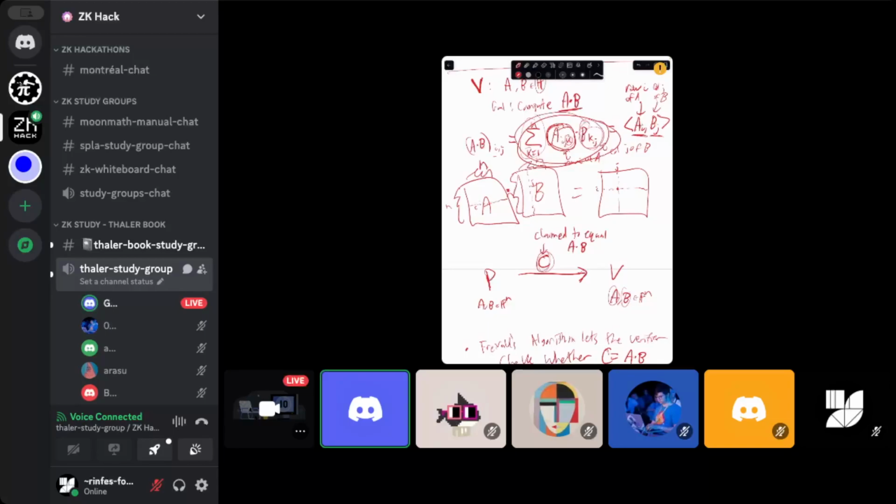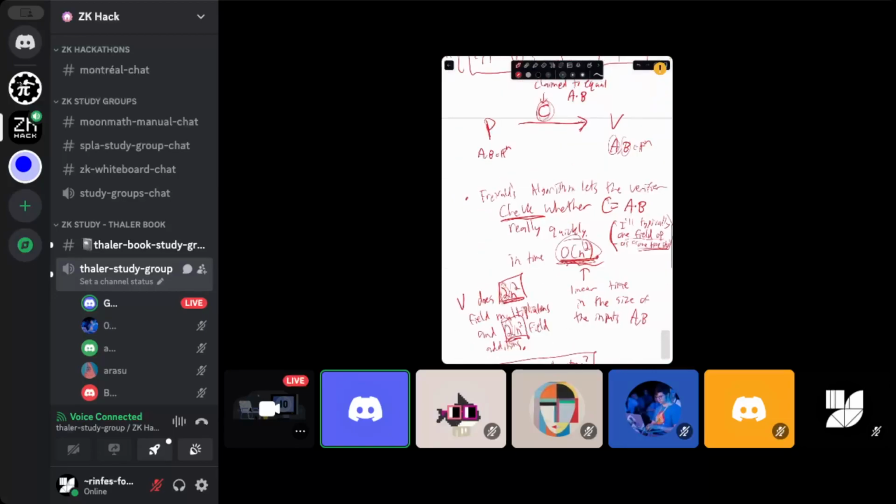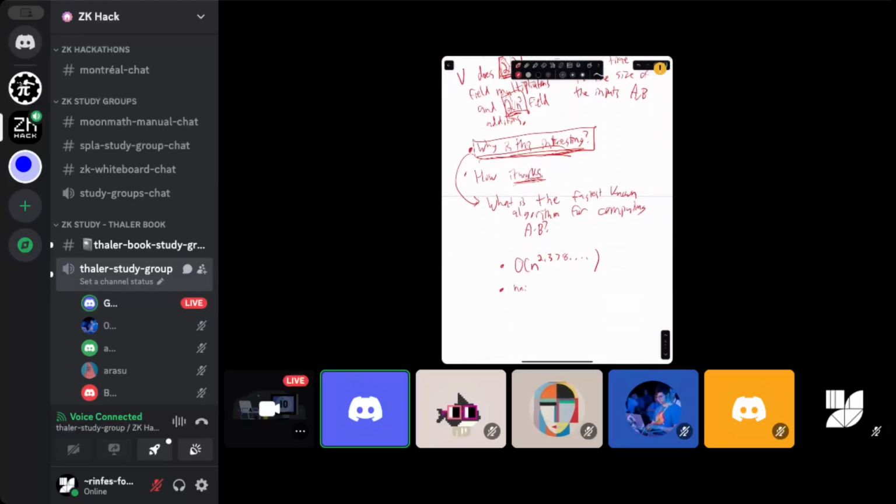For each of the n squared entries of the product matrix, there's an inner product of size n being computed. So there's n squared entries, each taking time n to compute in the direct naive way. That's n cubed time total. So the naive algorithm is n cubed time.